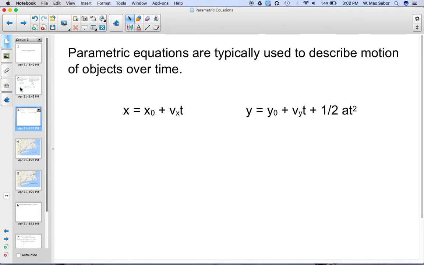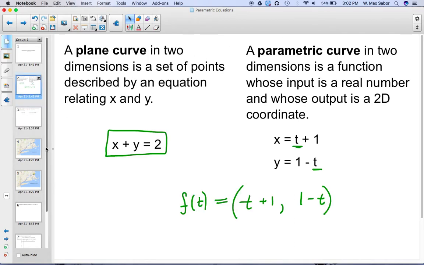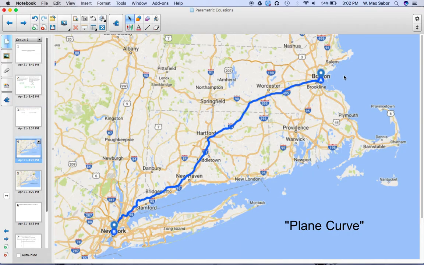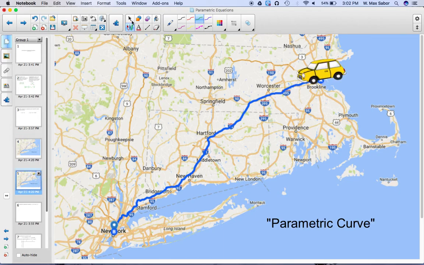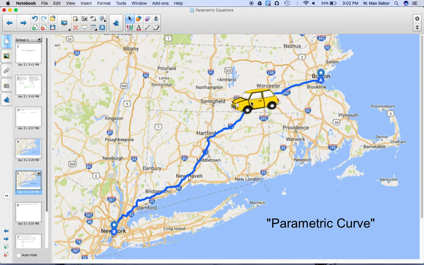To get a better sense of the difference between a plane curve and a parametric curve, think of this map. This is a set of points connecting New York and Boston, and this is what we would consider a plane curve. You can see all of the points. But a parametric curve is imagining that we follow the path it would take to get from Boston to New York.